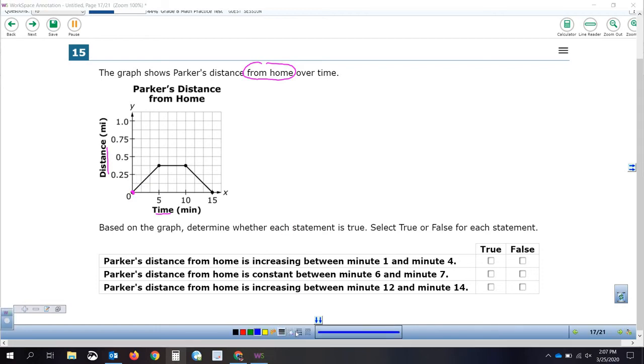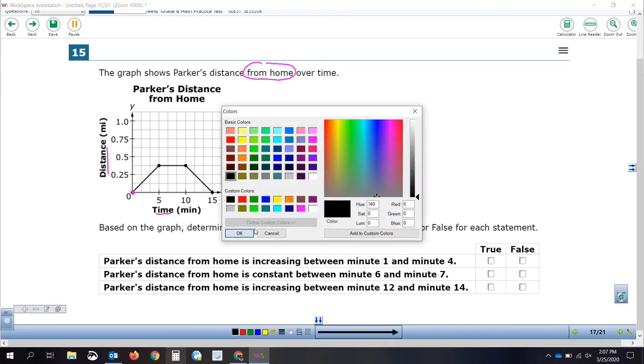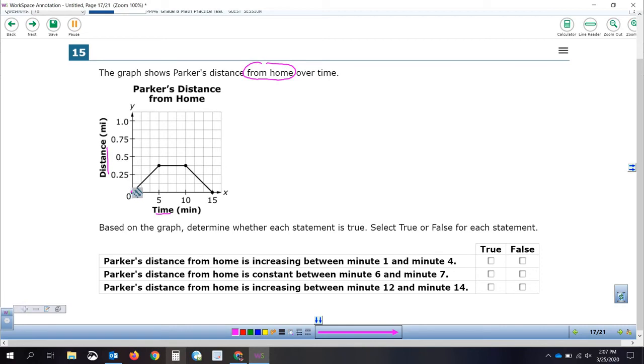Now, what is happening here as he moves along this graph? He is moving away from his home. The distance is increasing. As the time increases, the distance increases. So at this point right here, his time is now 5 minutes.